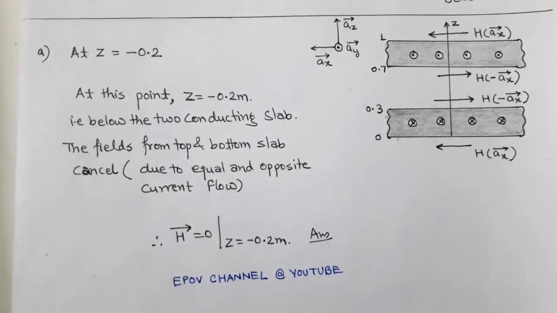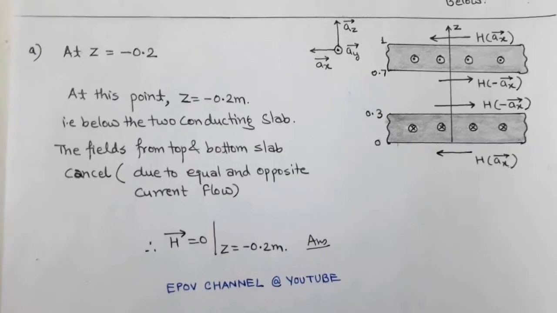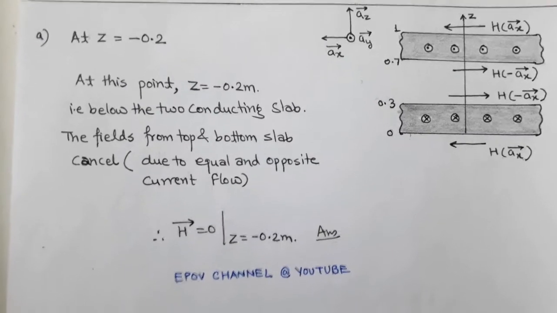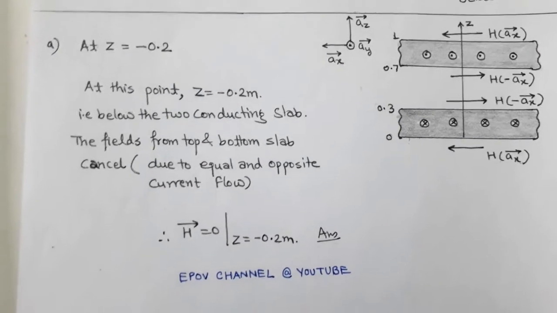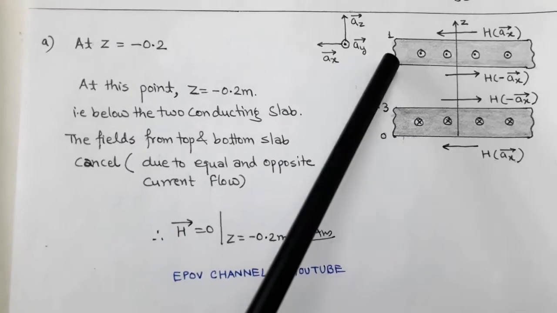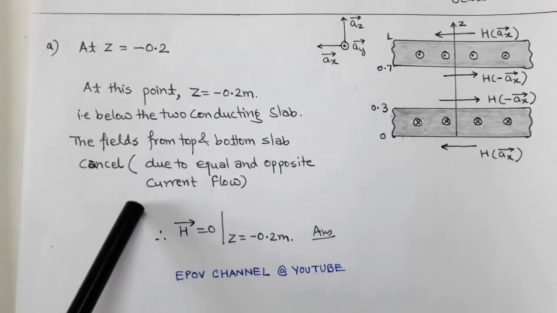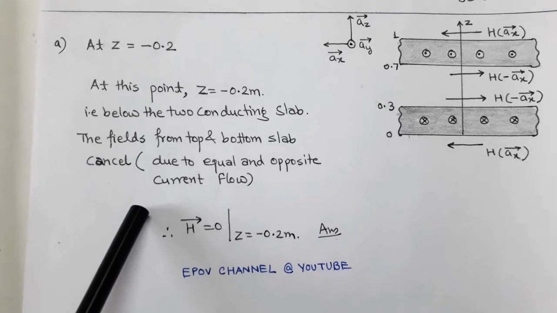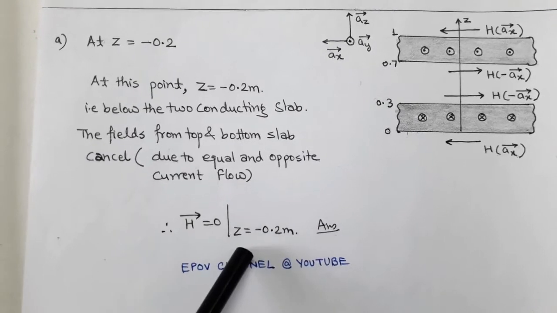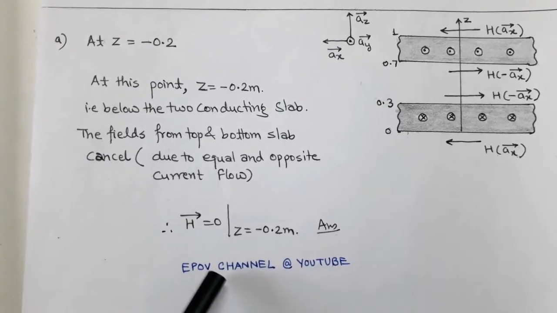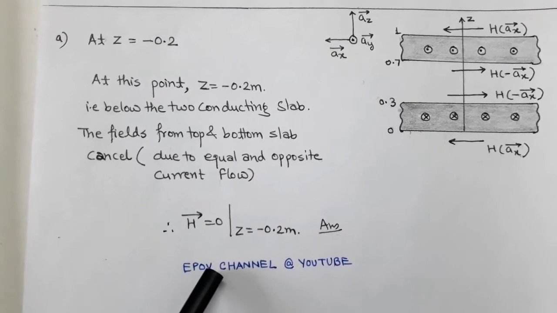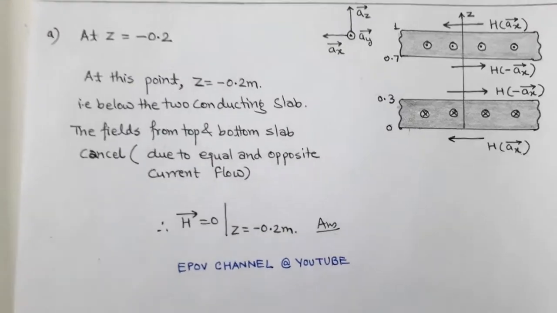So at z equals to minus 0.2, the fields from the top and bottom slab are cancelled, that is due to the flow of current in opposite direction. From this, the magnetic field intensity at z equals to minus 0.2 is 0.